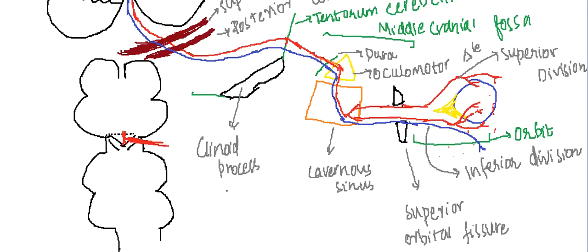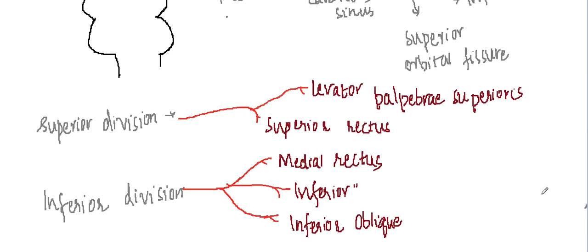Okay, let me again draw this down. Okay, I think you understood it. So now it will go from the inferior division, and then it will go through the inferior oblique muscle, and from there I'm just extending it so that I can write.